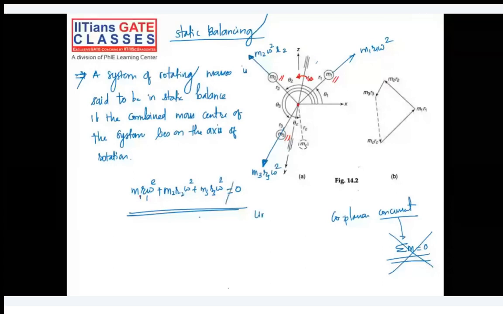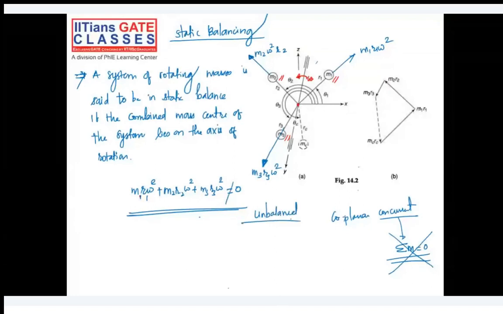It is an unbalanced rotor, and to make it balanced, we have to attach a counter mass mc. Okay, so I'll use a red pen here to highlight. This is mc, which is connected at rc distance, and now the new relation is plus MC RC omega square, and then it is equal to 0, and this will create a balance in the system.